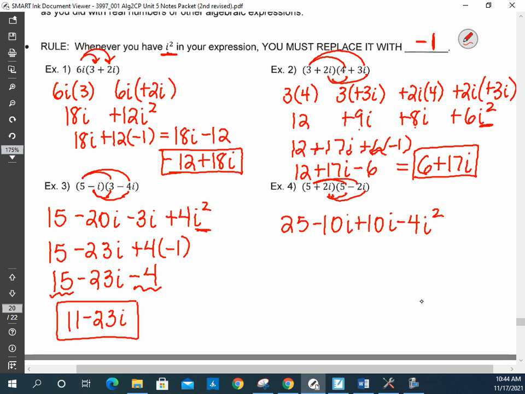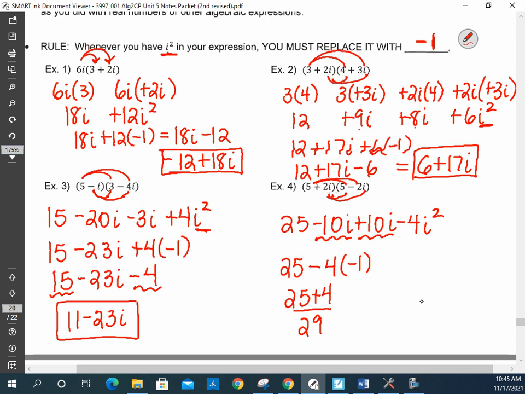So bring down the 25. -10 plus 10, well, that's 0, so those drop out. -4 times -1. A negative times a negative is positive, and 25 plus 4 is 29.